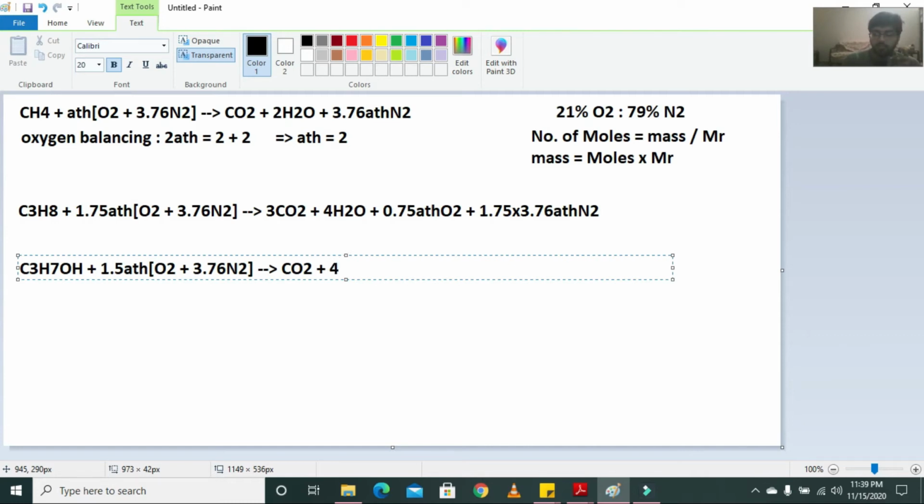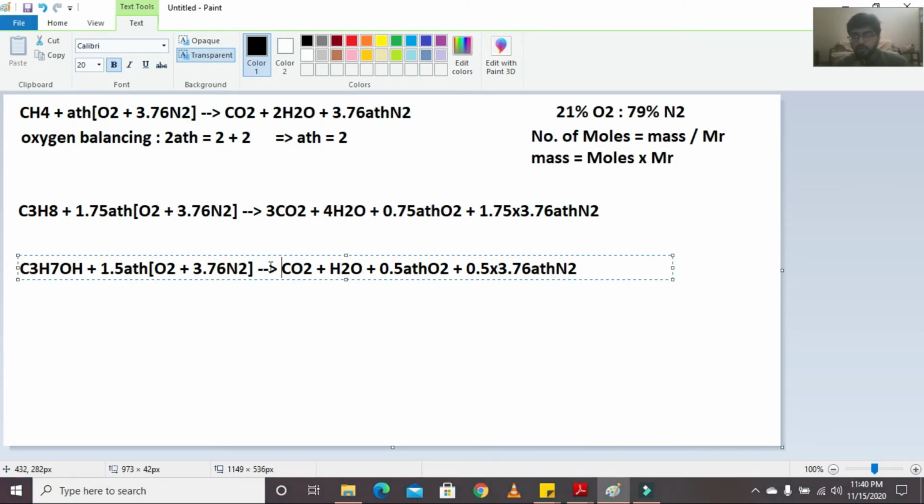We will have 4, we will have H2O, and then 50% of the excess air, plus 0.5 times 3.76 ATH of N2.